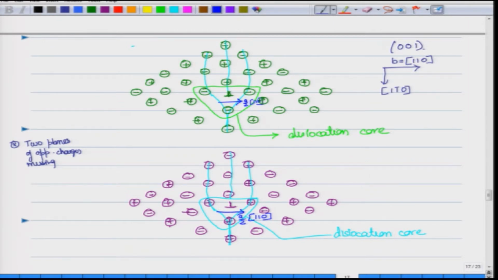The charge of the dislocation core has reversed. Here it was minus, here it is plus. So, this is one of the effects of alternating layers consisting of alternating charges.